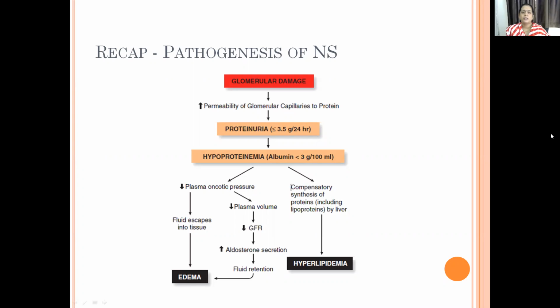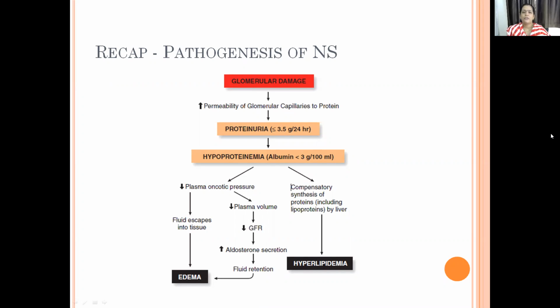So this nephrotic syndrome can be caused by various diseases, either primary glomerulopathies or secondary glomerulopathies caused by various systemic diseases. In yesterday's class, we have seen that the primary glomerulopathies are the membranoproliferative disease type 1, type 2, the membranous nephropathy, FSGS, and minimal change disease, which we have discussed yesterday in detail.